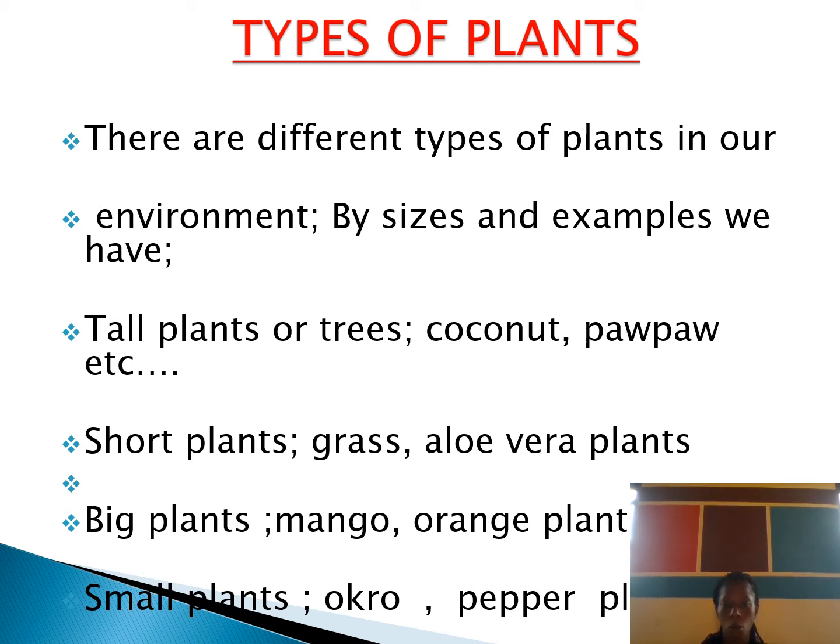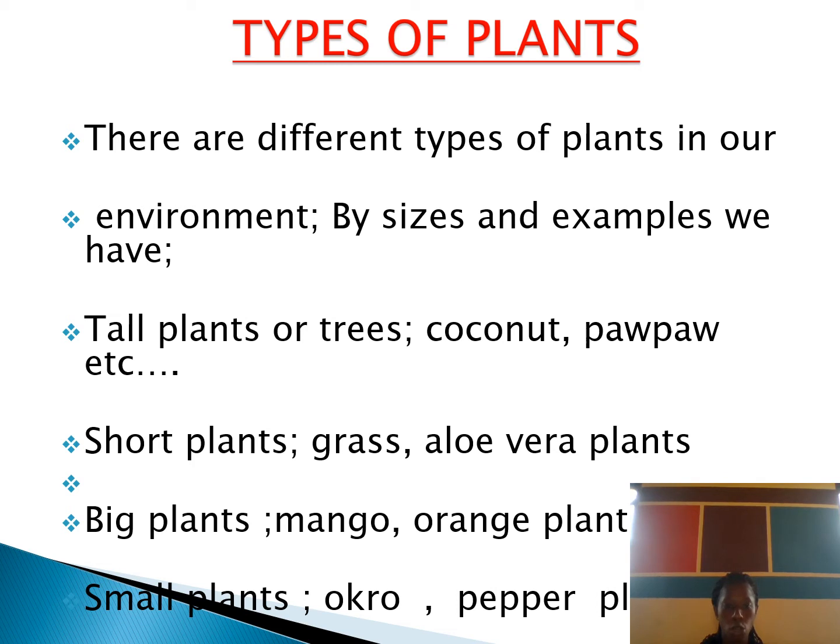Aside that, we have more other tall plants around. Then also we have short plants. Examples of some short plants are the grass you see around, the aloe vera plants, and so on.